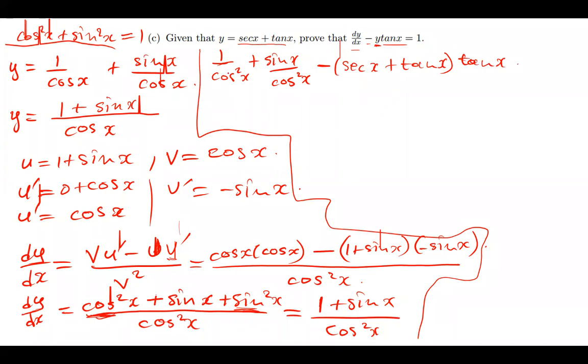This 1 over cos squared x can also be written as sec squared x. And then sine x over cos squared x can also be written as sec squared x times sine x.